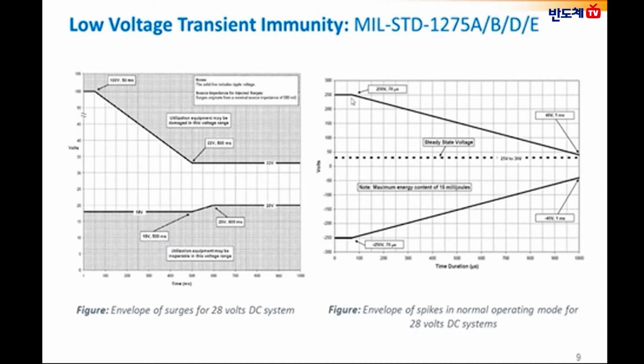The figure on the right shows the envelope of spikes in normal operating mode for a 28 volts DC system with a time duration of 70 microseconds and an amplitude of 250 volts DC.